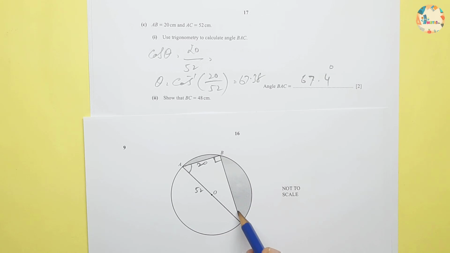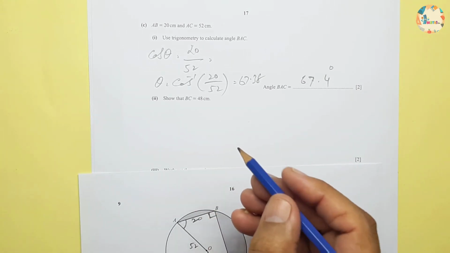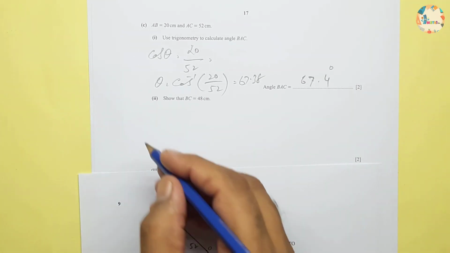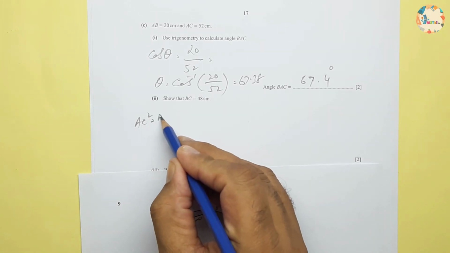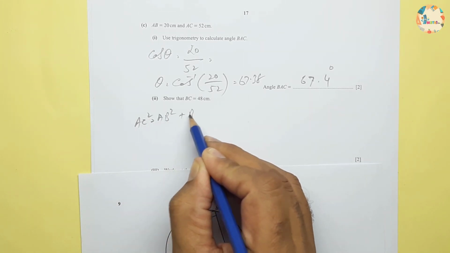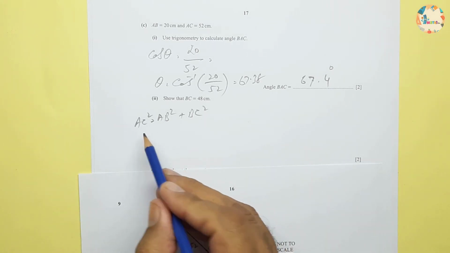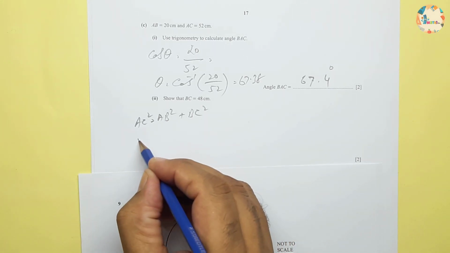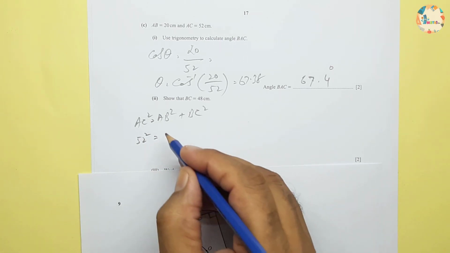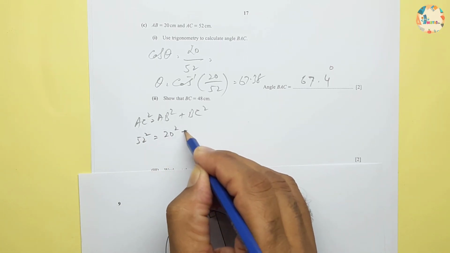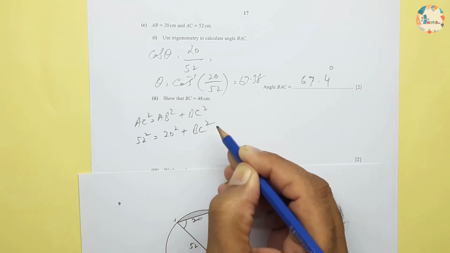Show that BC is equal to 48. This is BC. So Pythagoras theorem we can apply. AC squared will be equal to AB squared plus BC squared. So 52 squared is equal to AB squared, which is 20 squared, plus BC squared.